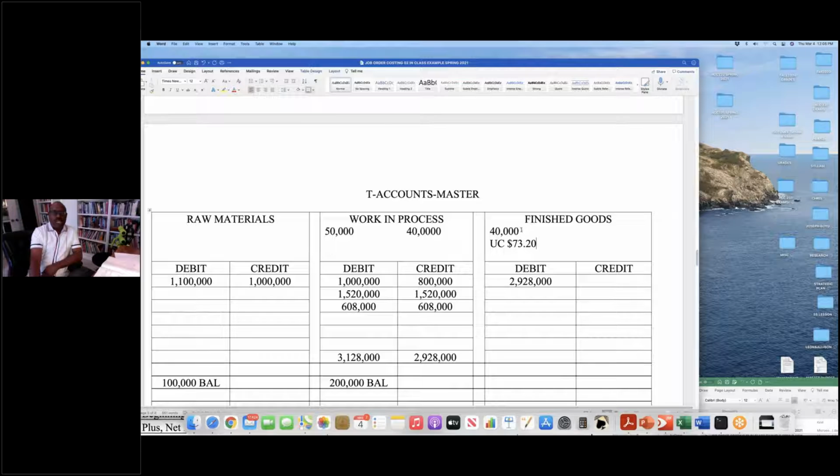Thank you, Caleb. 40,000 were completed. The cost transferred was 2,928. So you simply divide 40,000 into 2,928 and you get 73.20 as your actual cost. So when you get over here, you can't use your planned cost anymore. You've got to use your actual cost.